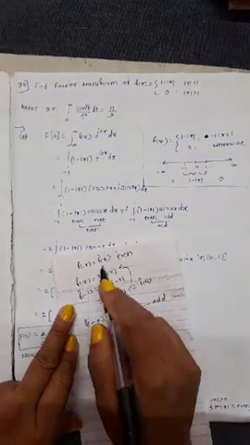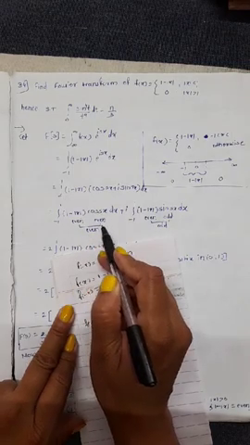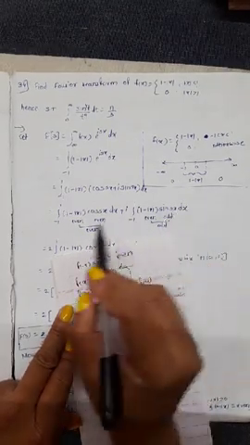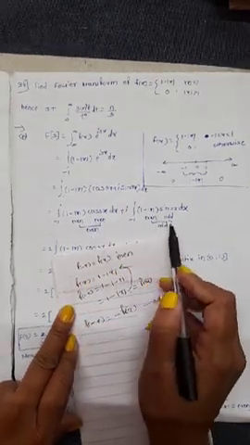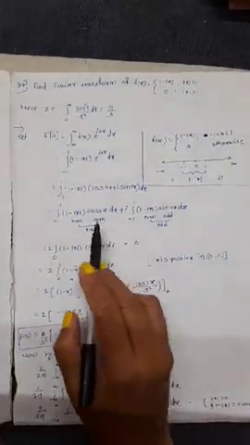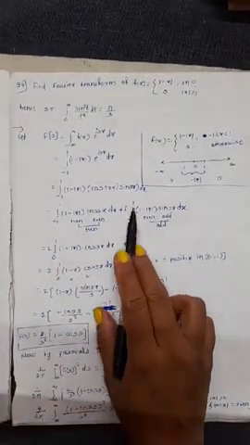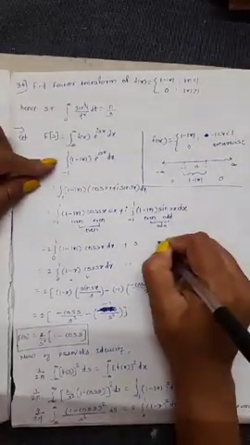That's why this function f(x) is an even function. Now cos x, we know, is an even function, and sine is an odd function. The multiplication of even into even is even, and even into odd is an odd function. That's why this integration becomes the integration from minus a to plus a. This we already know the result.